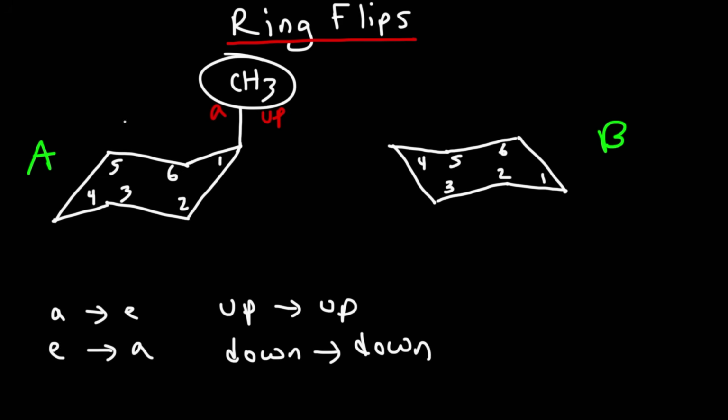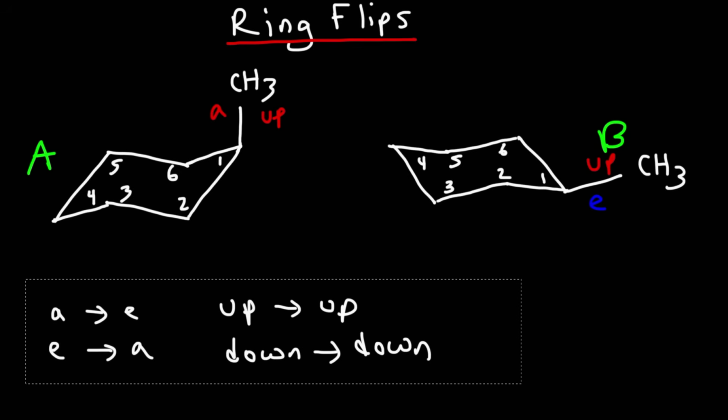So the methyl group, it was in the axial position. Now it's going to be in the equatorial position. So this part changed from A to E. But it's not going down, it's still going up. So that's a quick and simple way of how you can draw a ring flip.